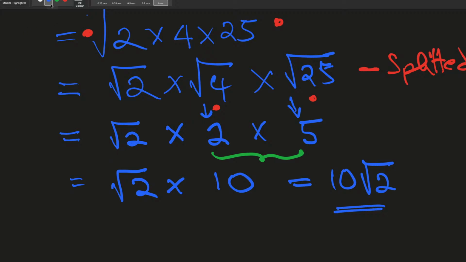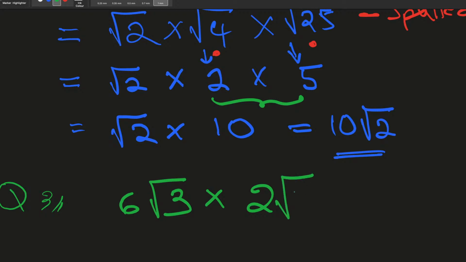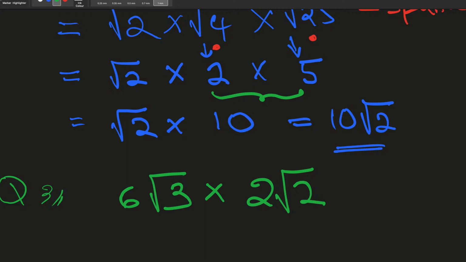The other question, question number 3, says simplify once again 6 root 3 multiplying 2 root 2. You see, very simple again. How do we go about it?